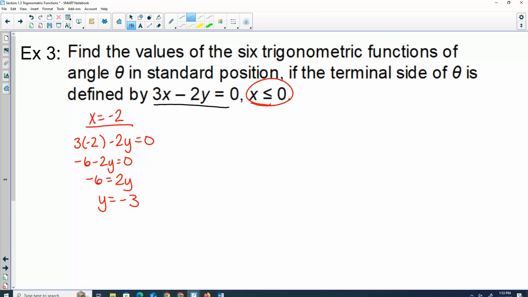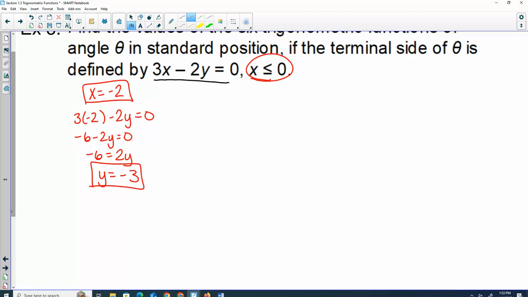So now I have an x, and I have a y. Now it wouldn't matter which x and y you picked. You know, I could have easily done -1 for my x, and that would have given me -1/3 for my y. So we can do different values, but we have to find r.